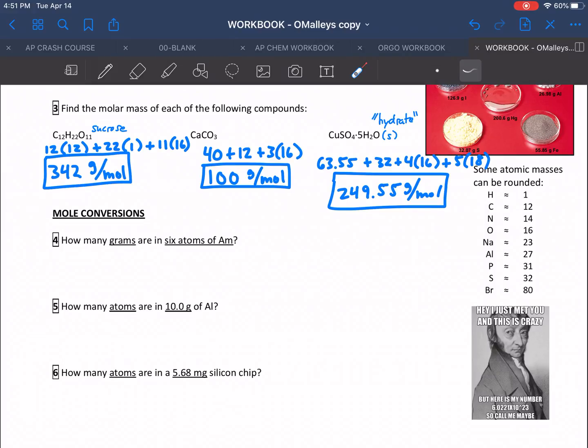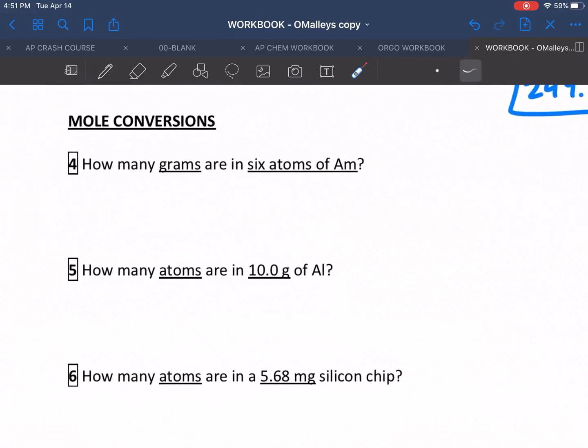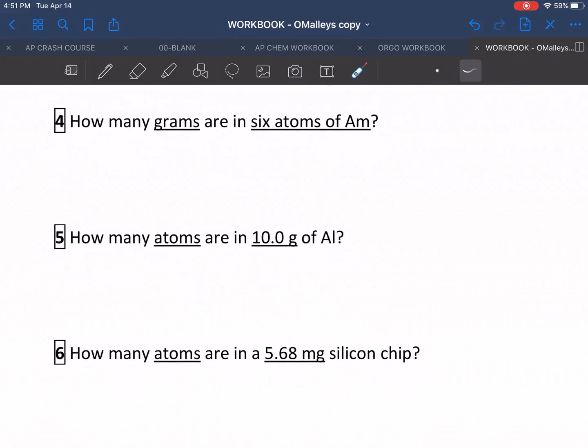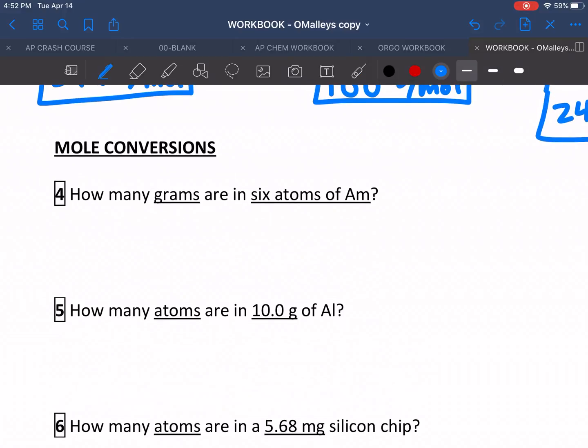So we're not counting atoms, we're weighing out grams, and relative masses of elements and compounds tells us how many of them there are based on the mass of those things. So the rest of this is just to show you how to do some conversions from one unit into another. And this is going to use what's called dimensional analysis, which we'll use a lot in this course.